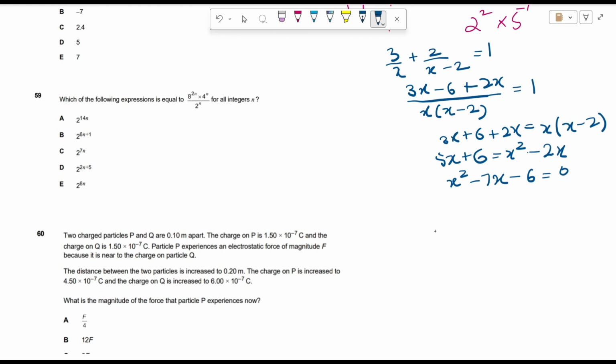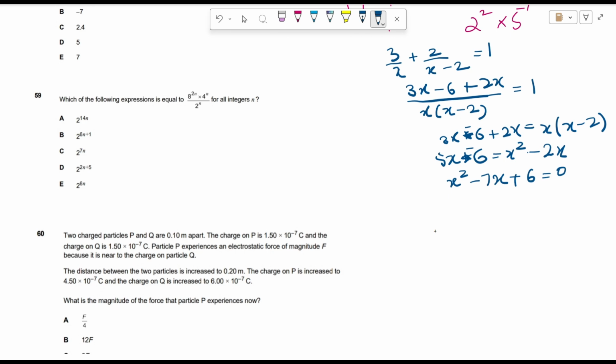Why have I written positive 6 here? This is negative. When it goes to the right hand side, it would become positive then.